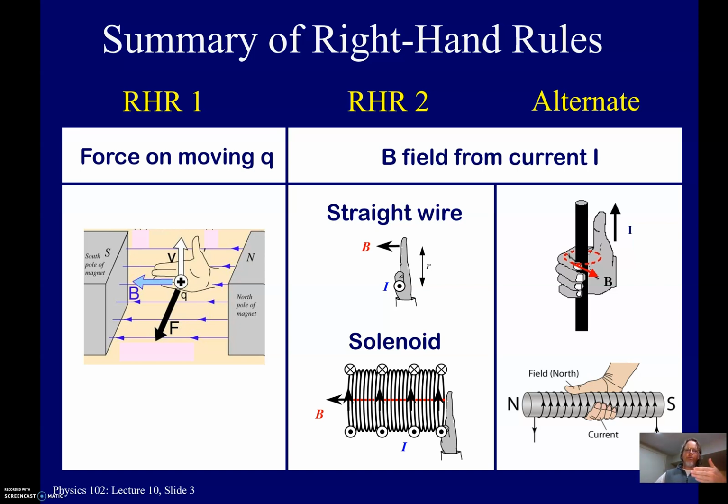So the second right-hand rule is the straight one. I like to do the curl. It's for a straight wire. It's confusing because it looks like it goes with the solenoid. It doesn't. You look at the straight wire and you look to the right. This straight wire and these two go together. Your thumb still points in the direction of the positive charge flowing, but I like to wrap my whole hand around it.